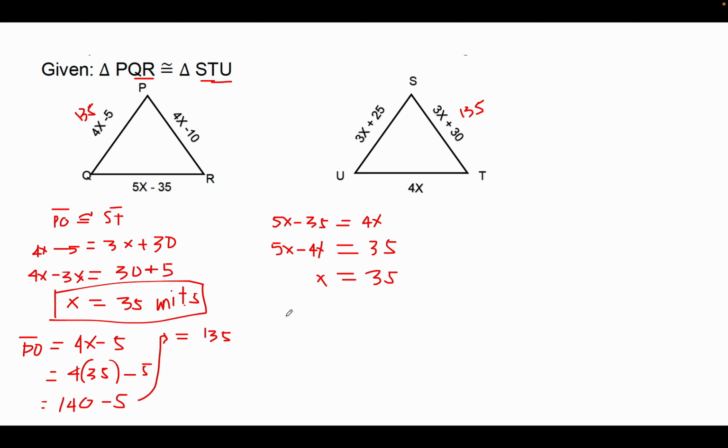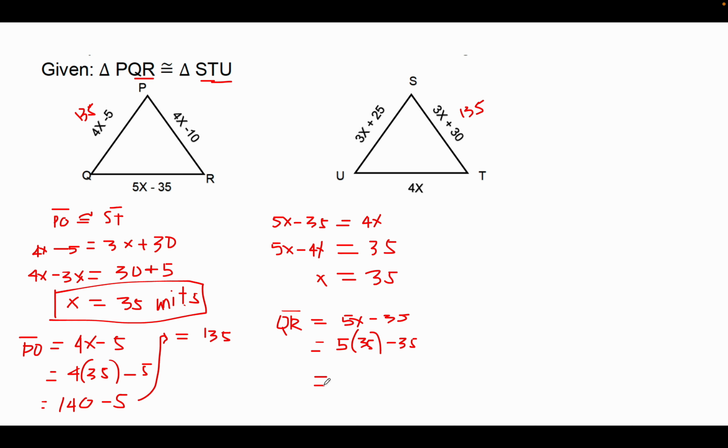So line segment QR or side QR is equal to 5x minus 35, where x is equal to 35. So pareho lang din naman yung measure ng x, as you can see. Verify lang natin yung computation, kung consistent.